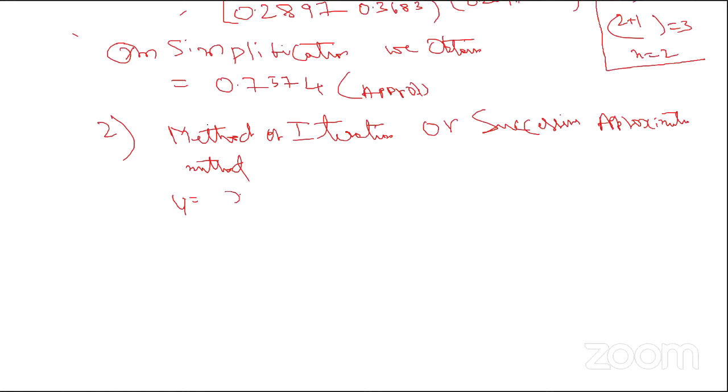Then u1 equal to 1 by delta y0 into (y minus y0).